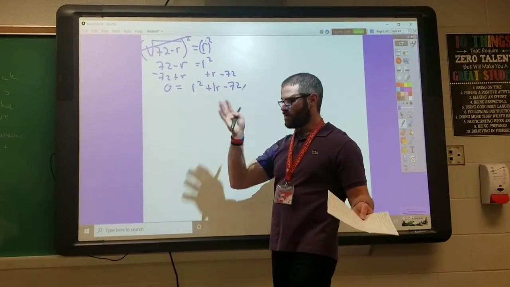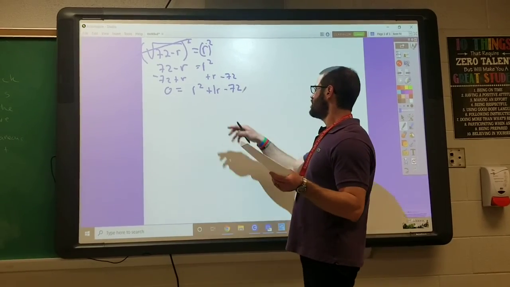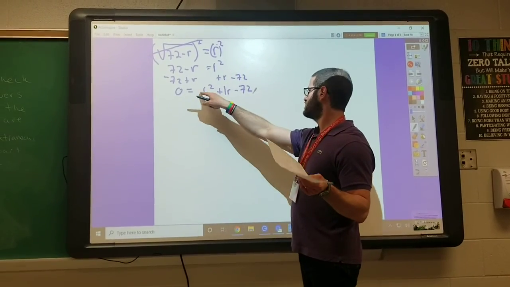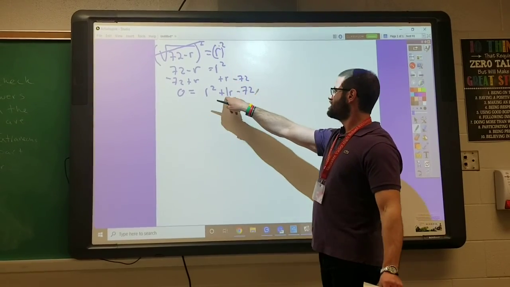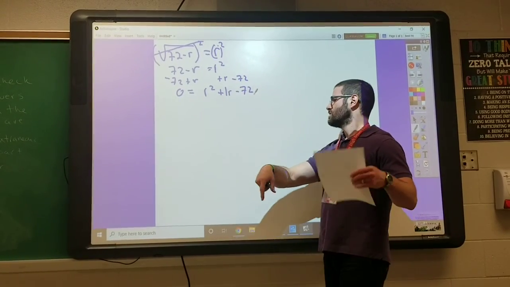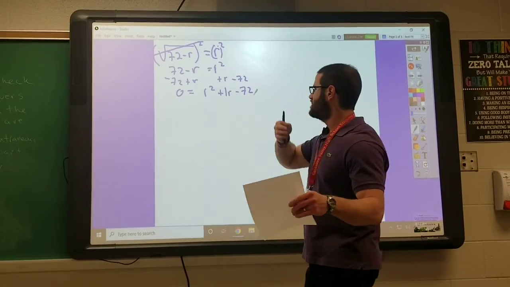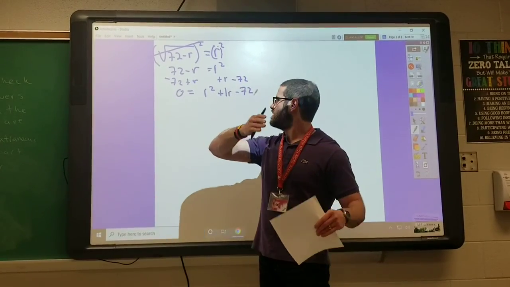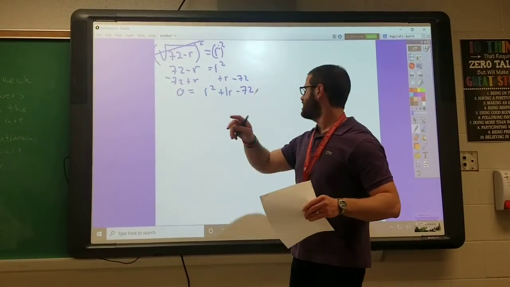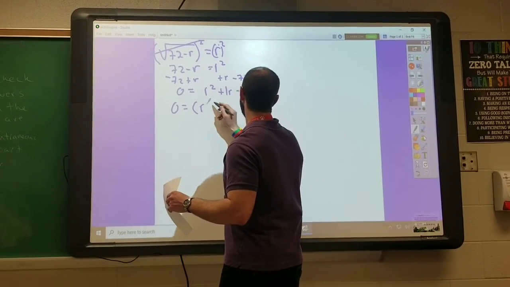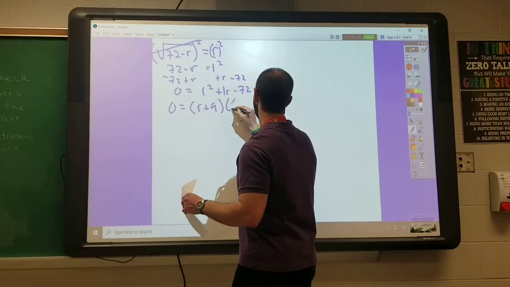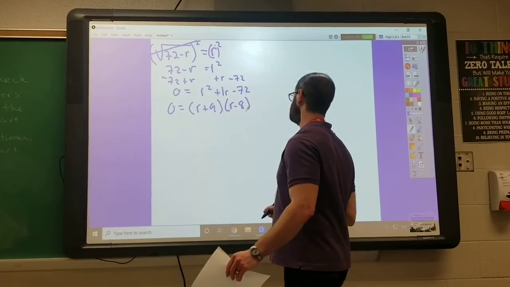If we can factor, we want to factor. When we factor something like this, where there's no number in front, we look for factors of negative 72 that add up to positive 1. We're looking at some combination of 9 and 8. We know that 9 and negative 8 add up to positive 1. So we factor: r plus 9, r minus 8.